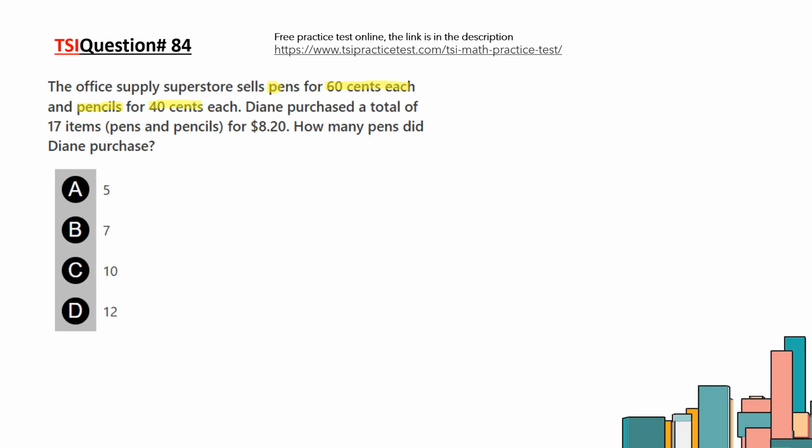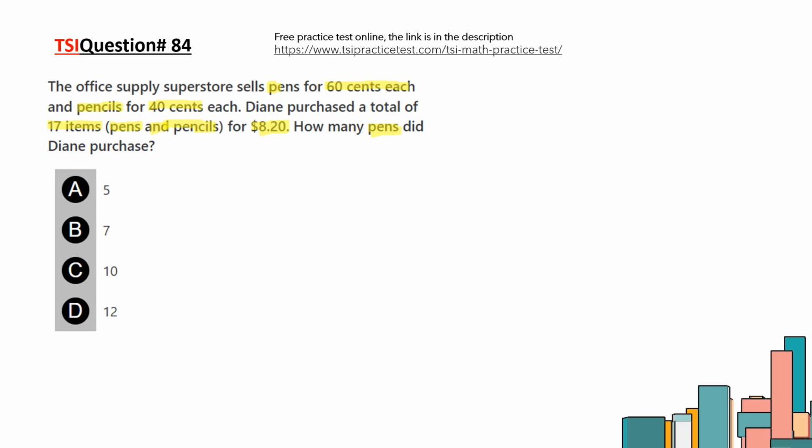Then the second sentence tells you the relationship: a total of 17 items, pens and pencils, for $8.20. Then the last sentence asks your question, and you have to answer it. How many pens? They ask for pens.